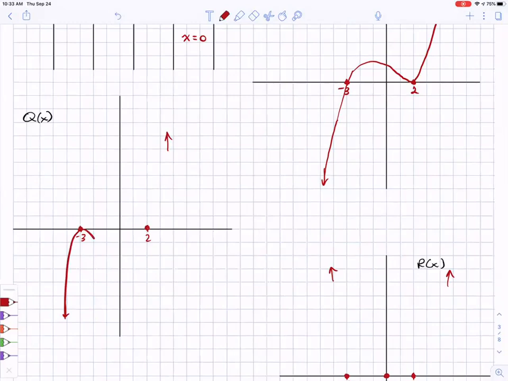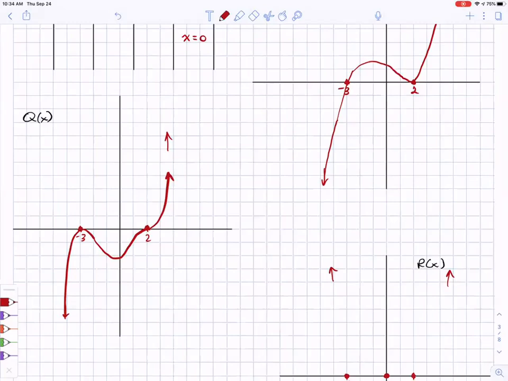And when I get to the 0 of 2, do I go through it or do I bounce off of it? I go through, but I go through slowly. It's not like the last one where I just went, whoo, right through it. I kind of level off and then I still continue to go through. Would you agree?